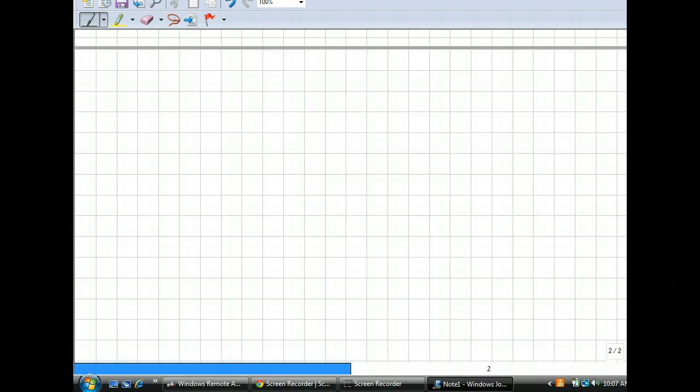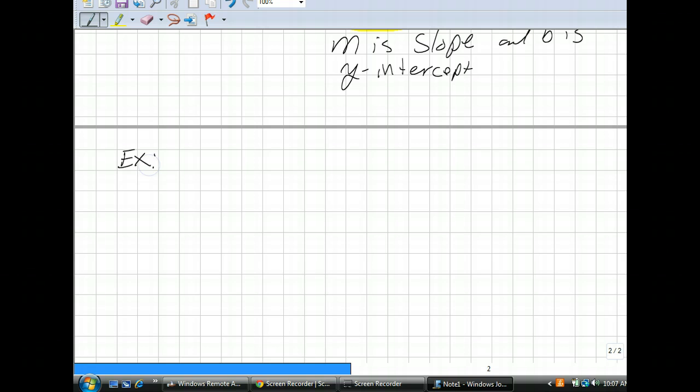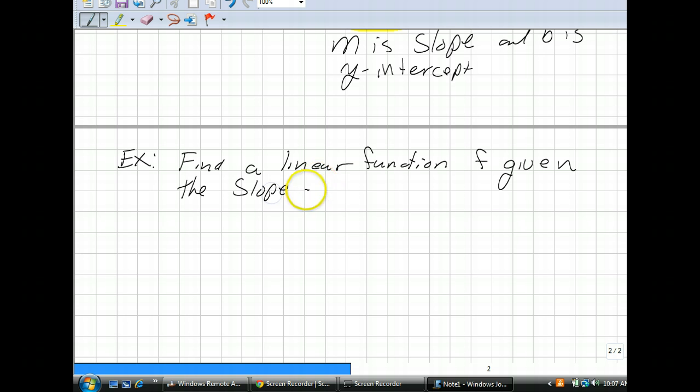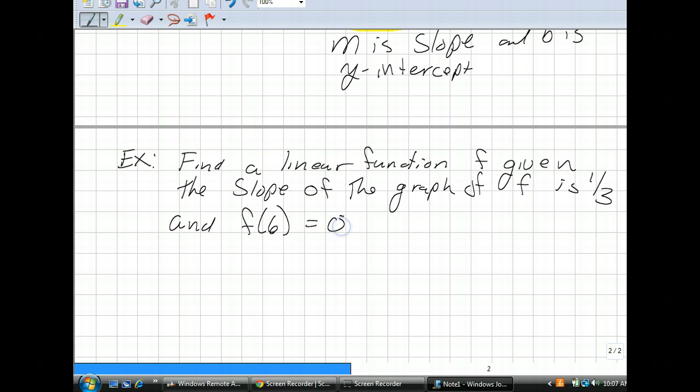So for example, let's say I want to find a linear function f given the slope of the graph of f is 1/3 and f of 6 equals 0.